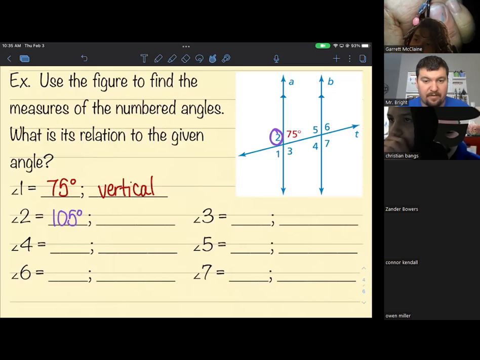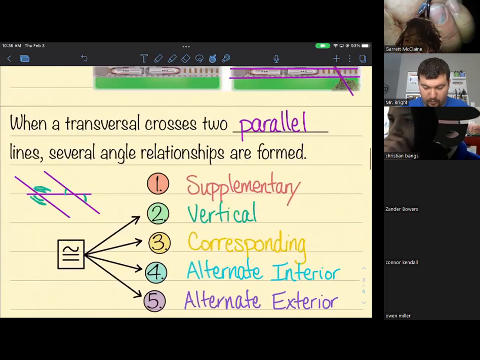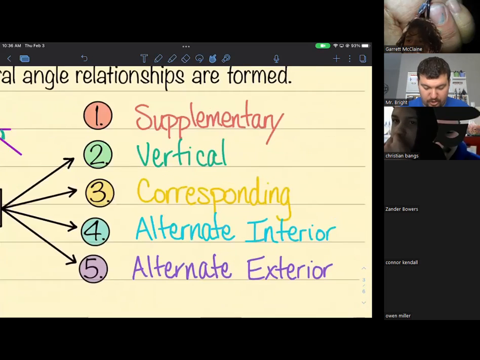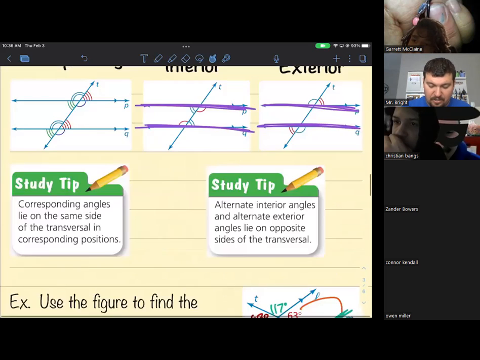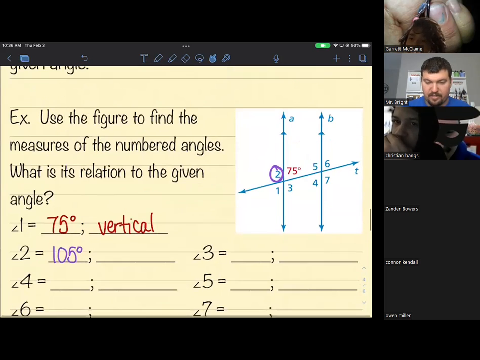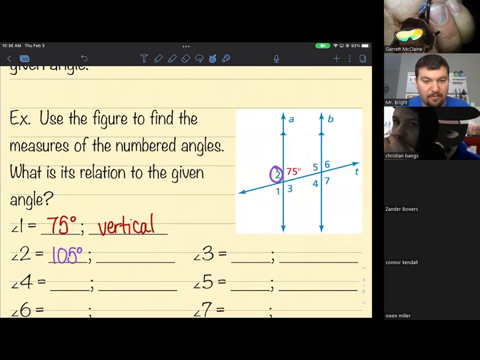Is it equal to 75? No. Let me narrow this down for you. We've only got one angle relationship that's not equal. They're not congruent. Which one is it? Is it supplementary? Yeah, supplementary. Shane, how did you know it was 105 degrees? You subtracted from 180, didn't you? Yeah, so that's what supplementary means.